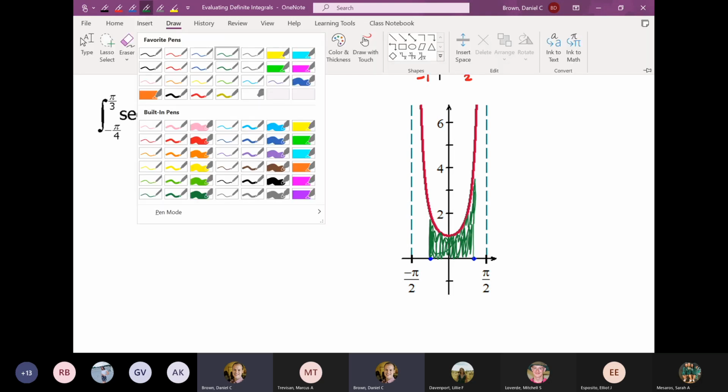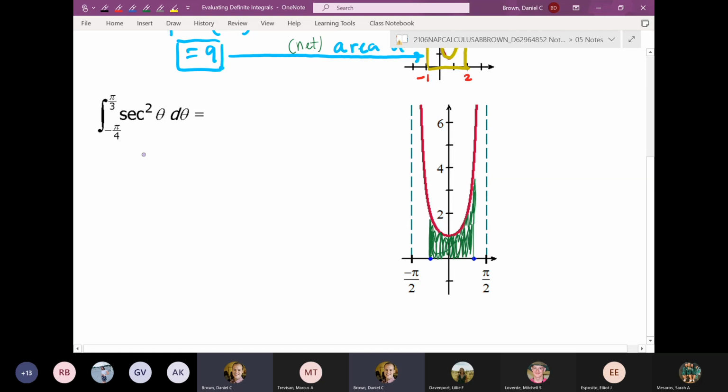You do have to clearly show the antiderivative. After you find the antiderivative, use that vertical bar to still show that you're plugging in some values into it. And then when you plug it in, make sure you do the top minus plug in the bottom. Don't need to simplify your answer, but I do want you to evaluate trig. So take a moment to try that one for me.